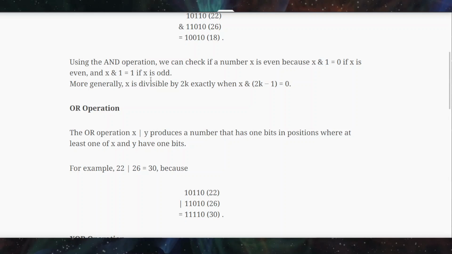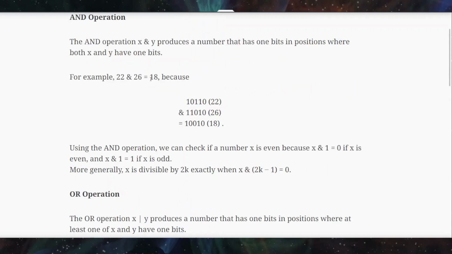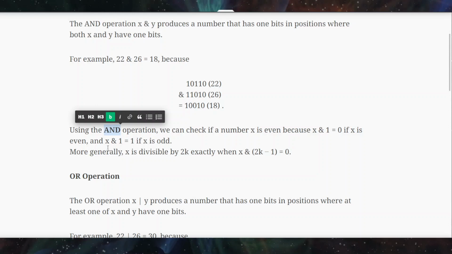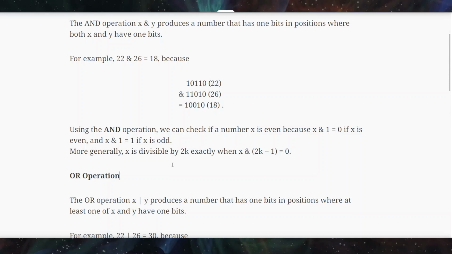But as bit operations work directly on bits, it figures it out and completes your operation very quickly. It doesn't take too much time. So for checking even and odd you should use this AND operation. It will help you reduce the time complexity and increase your performance.